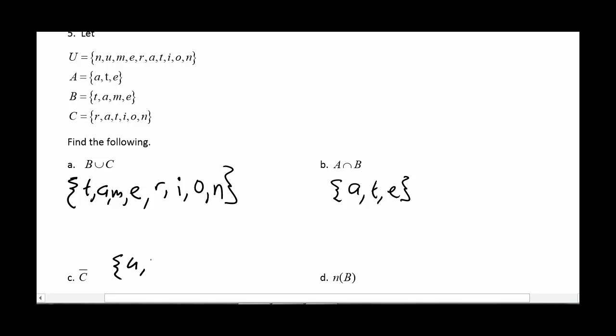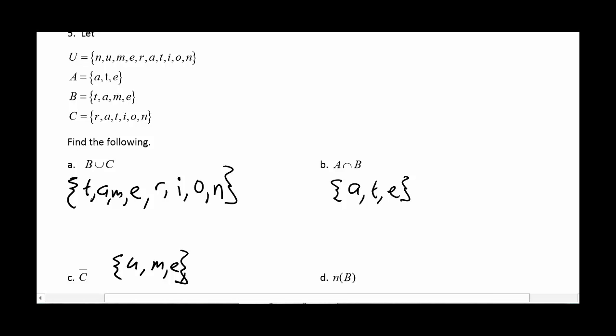U, however, is not in C. M is not in C. E is not in C. R is, A is, T is, I is, O is, and N is. Okay. So I've got 3 elements that are not in C. Everything else happens to be in C. So that's what it's asking.